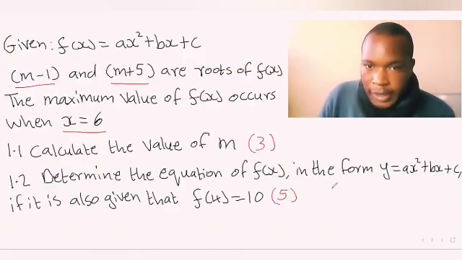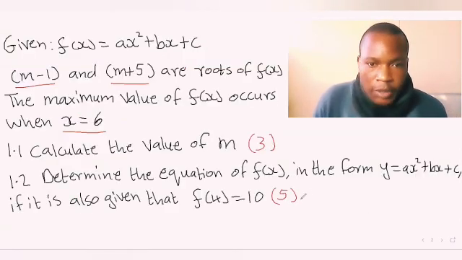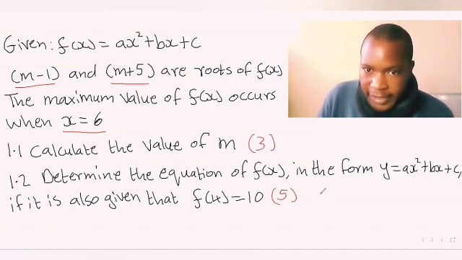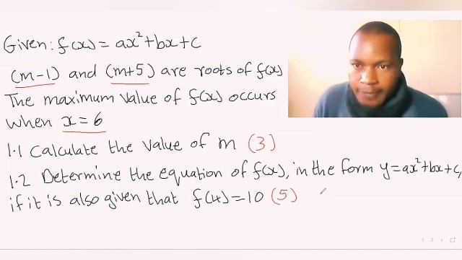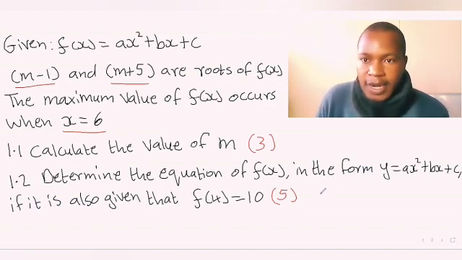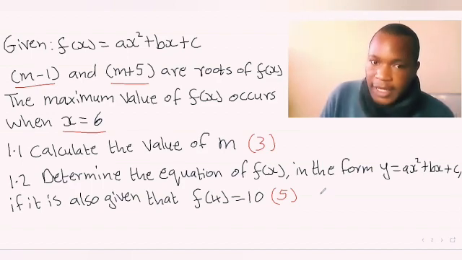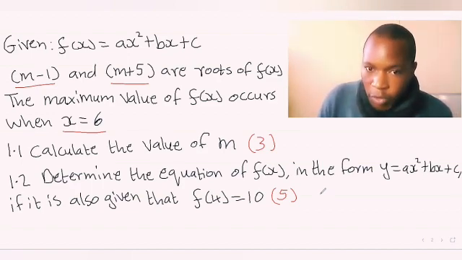Let's move on to 1.2, which wants us to determine the equation of f of x in the form y equals ax squared plus bx plus c, if it is also given that f of 4 equals 10.